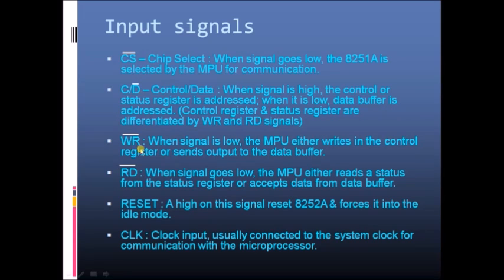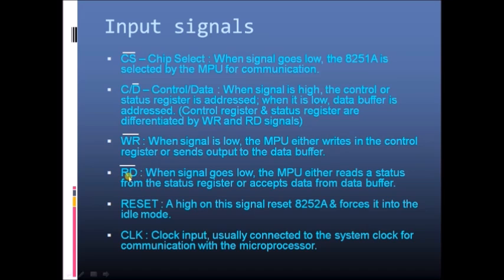WR bar, which is nothing but write bar, is again an active low pin, and it is used by the 8086 processor to intimate the 8251 that it wants to write data to the 8251. RD bar, which is nothing but read bar, is again an active low pin.